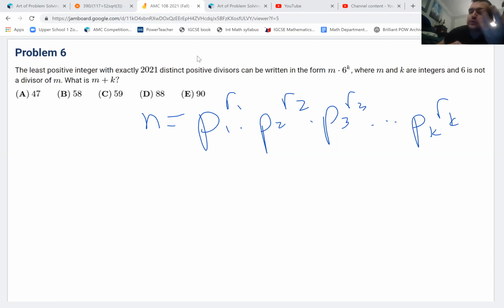If this is the prime factorization of this number, how many positive distinct factors does this number have, including one and itself?